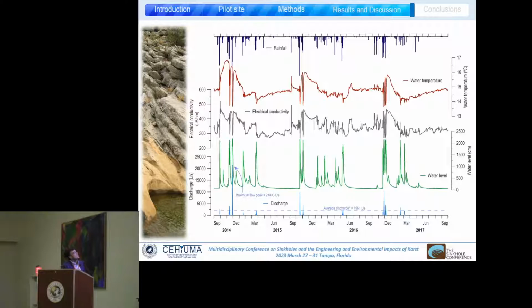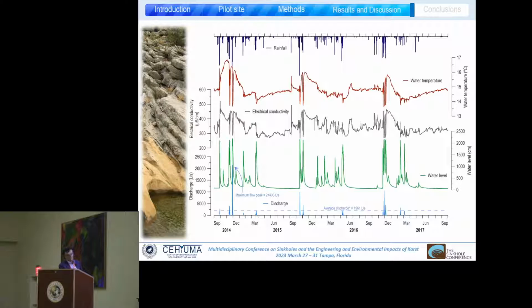So it seems that during high water condition, as a general response, there is an increase in temperature and electrical conductivity. So this means like a piston flow in the system. And then punctually, we have a small dilution and decrease of temperature coinciding with the peak of water table.